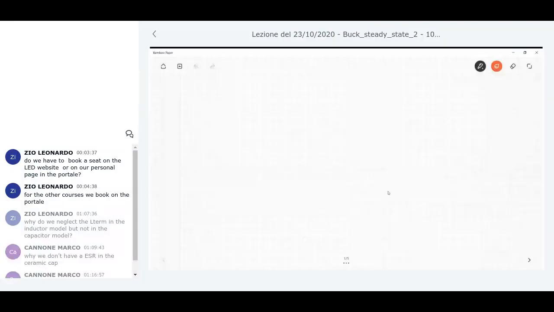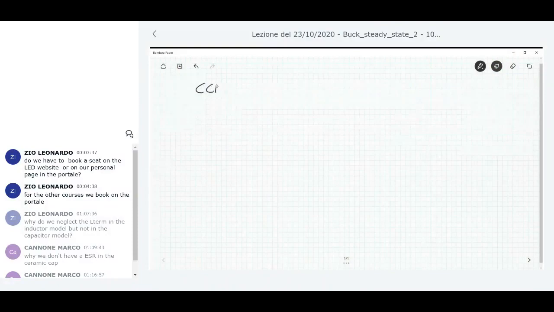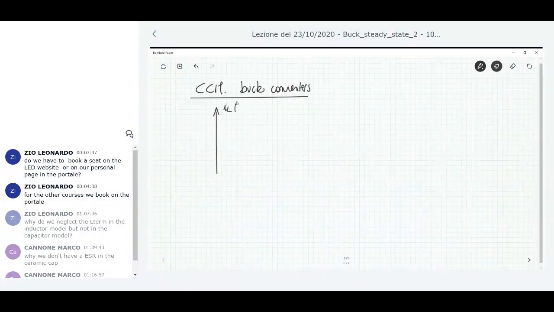Let's continue the discussion about the CCM, which stands for Continuous Conduction Mode Buck Converter, which is also known as step down. We learned that for continuous conduction mode, the inductor current is always greater than zero during the switching period.